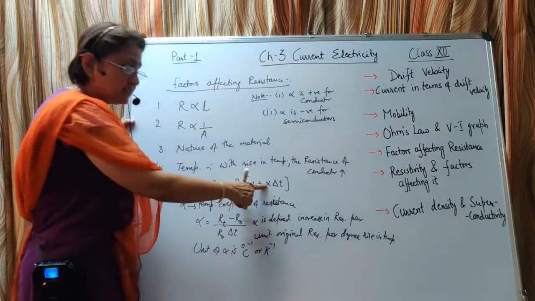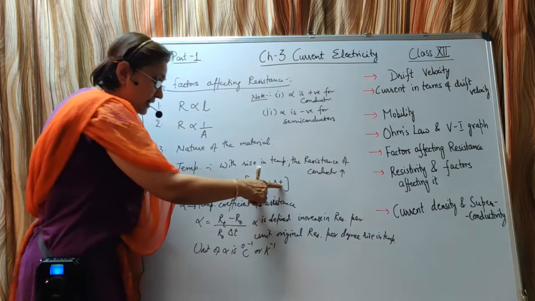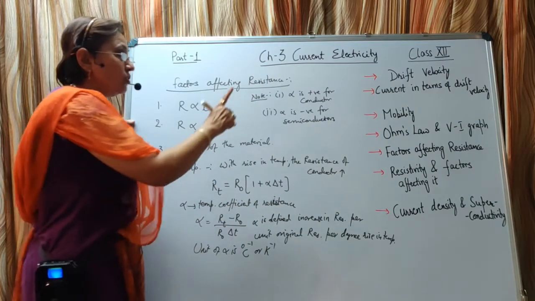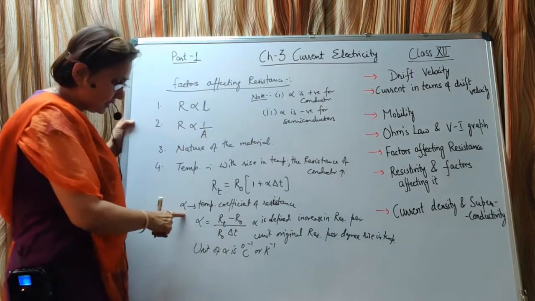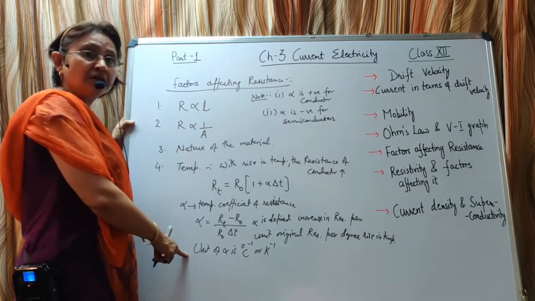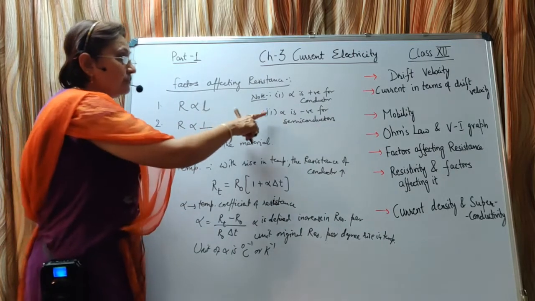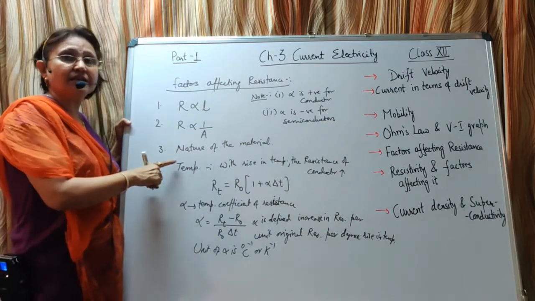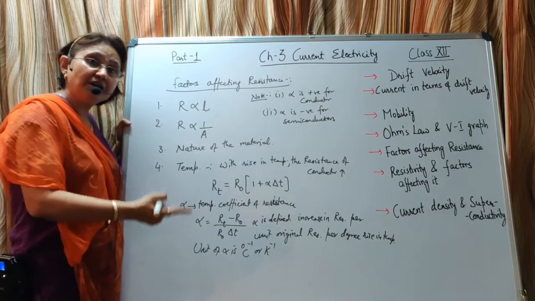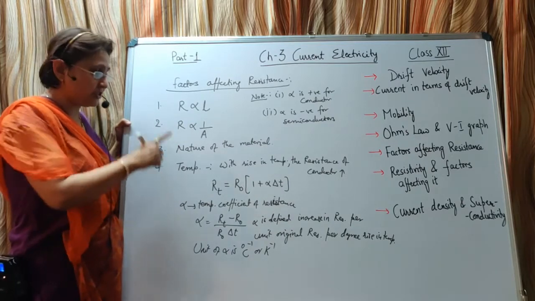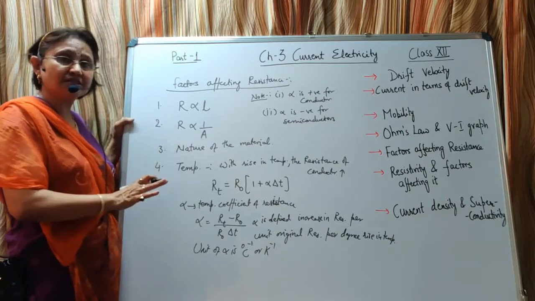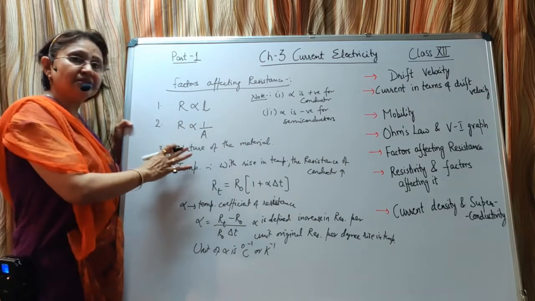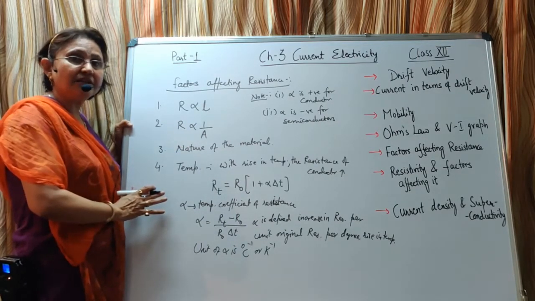As alpha is negative, with the rise in temperature their resistance will decrease. So only for conductors does the resistance increase with the rise in temperature; for semiconductors and insulators, as alpha is negative, their resistance will decrease with the rise in temperature. In this chapter we are discussing only conductors, so for conductors the resistance increases with the rise in temperature.